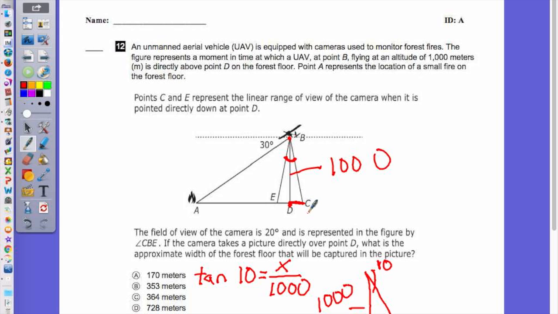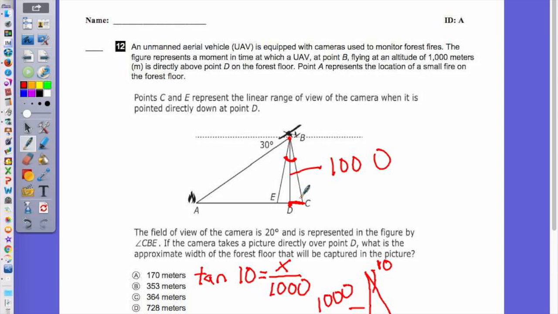Did you press the second button? He's on rad. You're on rad. So, guys, you should get 176.32, but as Tyler said, there's 2 of these, right? So times 2, 352.65, so that's 353 meters.